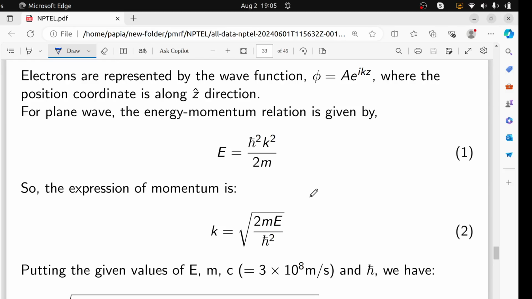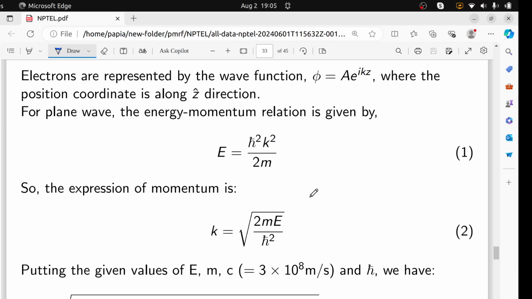It's coming from the quantum mechanical system. So, E equals h bar square k square by 2m, we can have the value of k, which is nothing but the wave number. So k will be root over 2mE by h bar square.